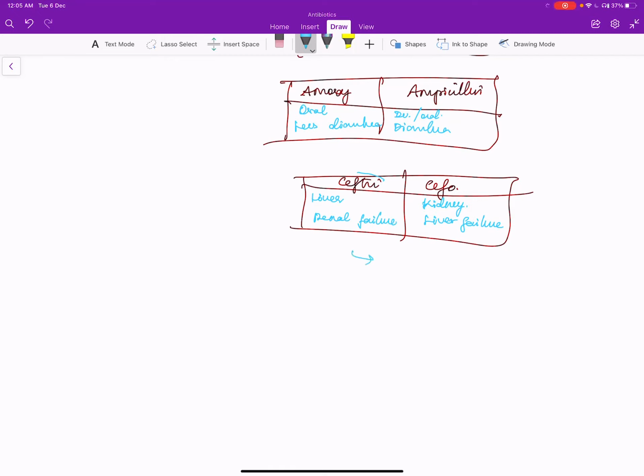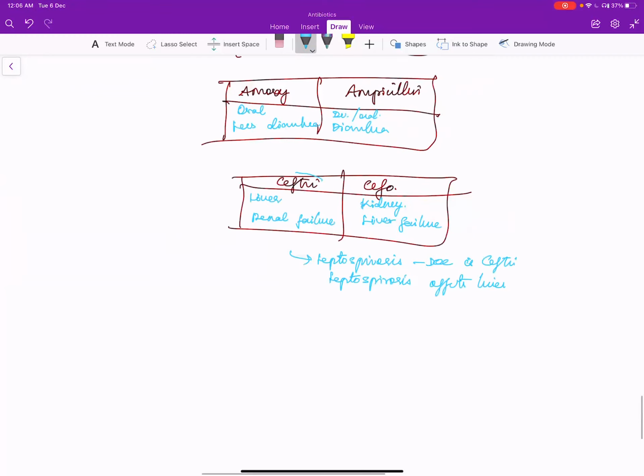But naturally, another question comes. In leptospirosis, the drug of choice is ceftriaxone. But leptospirosis affects the liver, correct? Hepatitis. Why so? Even though there is hepatitis due to leptospirosis, the drug of choice is ceftriaxone.